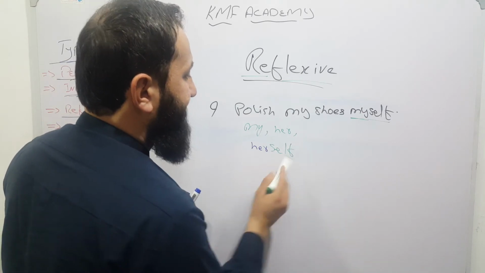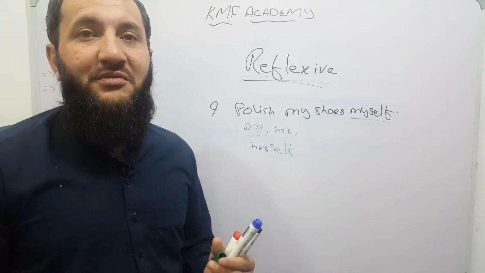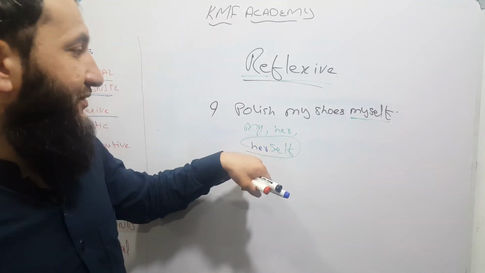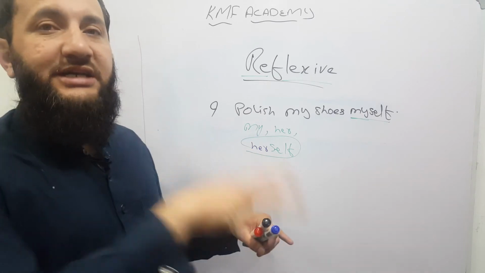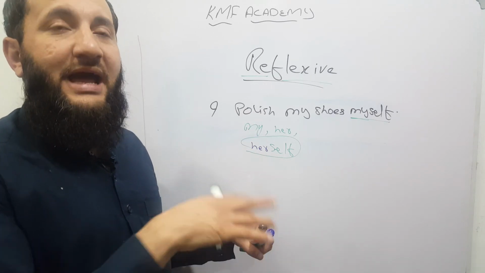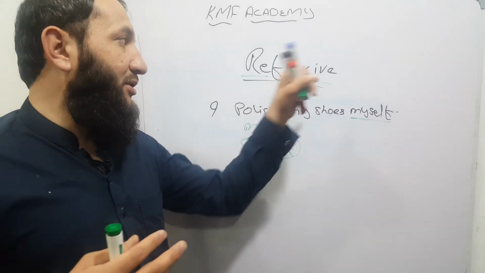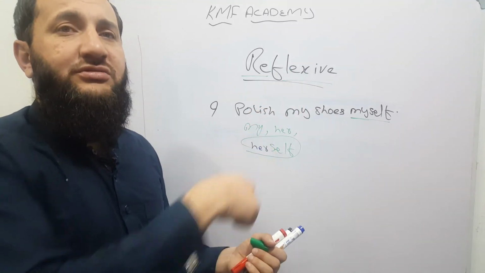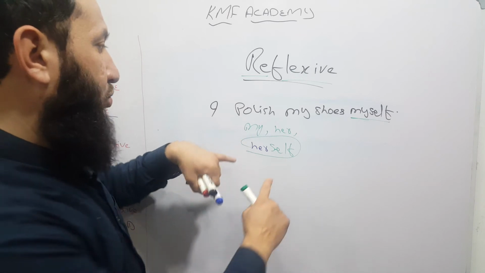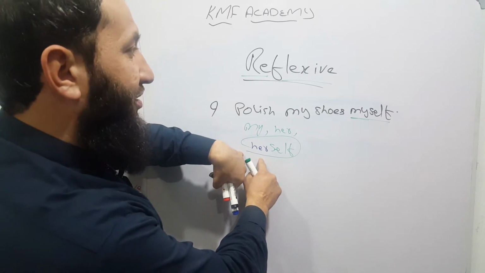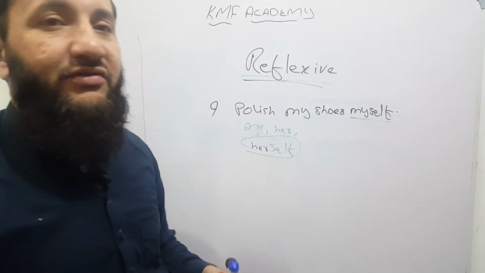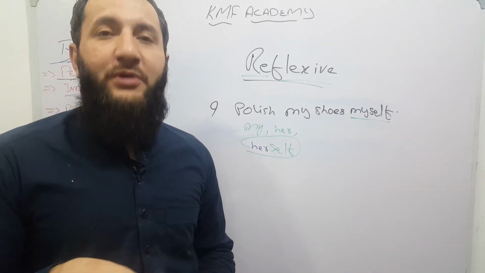Now self is itself a noun as well, but when it comes with the possessive pronouns, it converts into reflexive. And there is one more kind of pronoun, intensive or emphatic pronoun. We'll be discussing it in a while. So when the possessive case of a pronoun affixes with self, it converts into a reflexive pronoun.